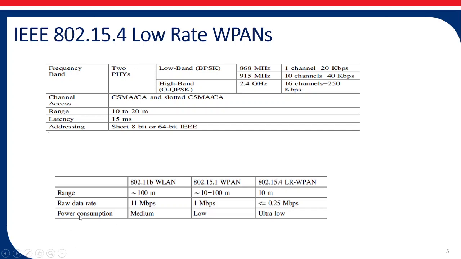The speed is given as 11 Mbps, 1 Mbps, and 0.25 Mbps. Power consumption is medium in the case of IEEE 802.11b, low in the case of IEEE 802.15.1, and ultra low in the case of IEEE 802.15.4.